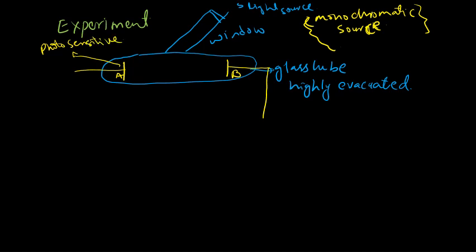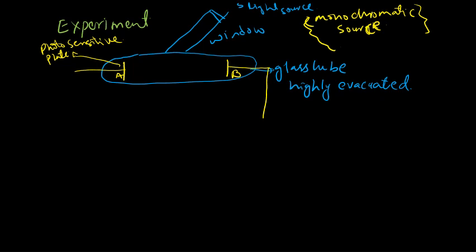That is, when light shines on this plate, it will emit electrons. So this is the photosensitive metallic plate A, and metallic plate B is opposite to plate A.